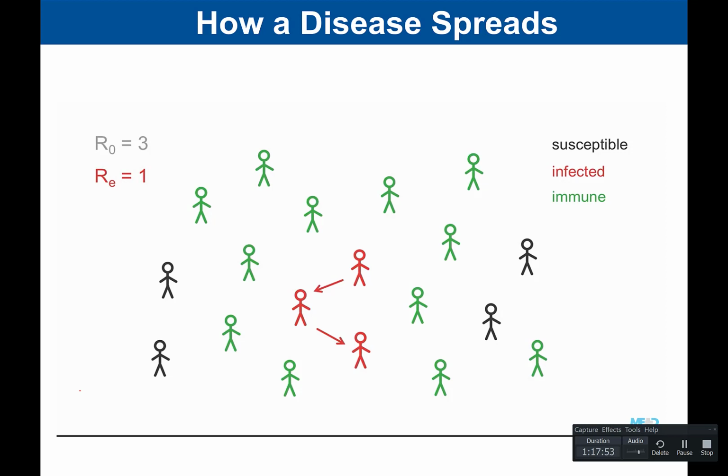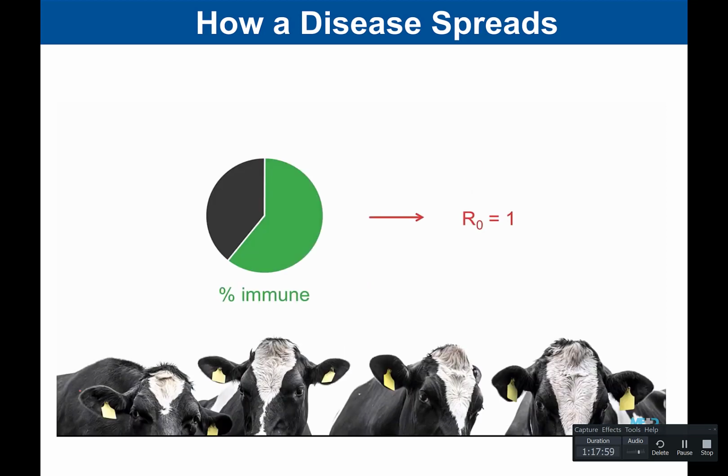As we've seen in a previous video, when R is equal to 1, the disease remains stable and won't grow. The herd immunity threshold is the proportion of a population that need to be immune in order for an infectious disease to become stable in that community. Or in other words, in order for R to become equal to or lower than 1. If this is reached, for example through immunization, then each case leads to a single new case and the infection will become stable within that population.